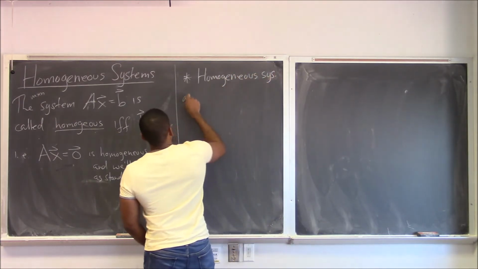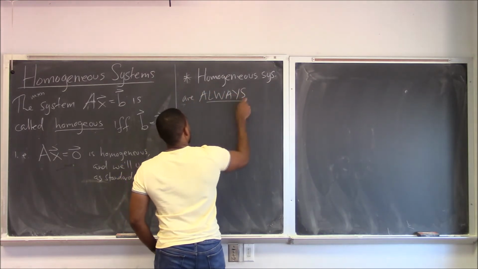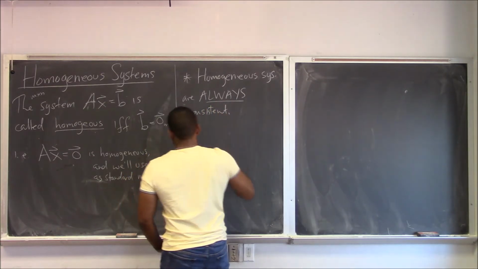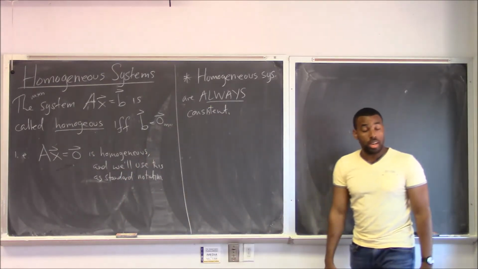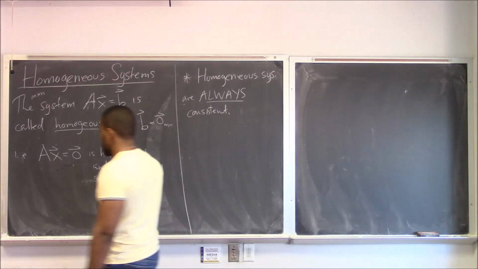Homogeneous systems are always consistent. You're guaranteed to be able to find a solution. There'll either be exactly one solution or infinitely many solutions.